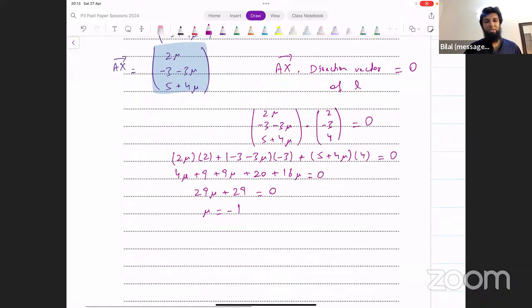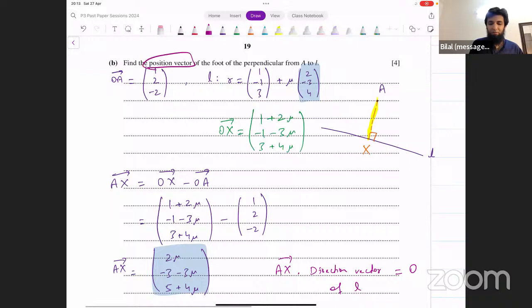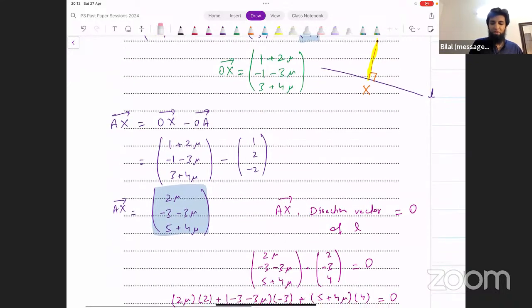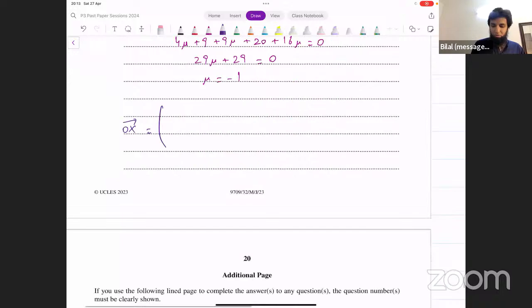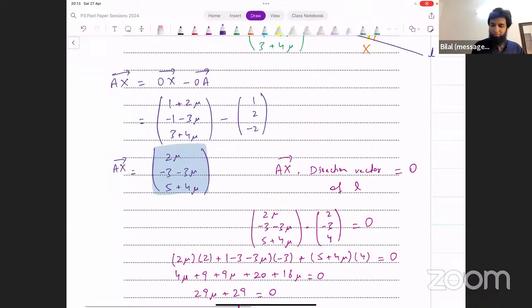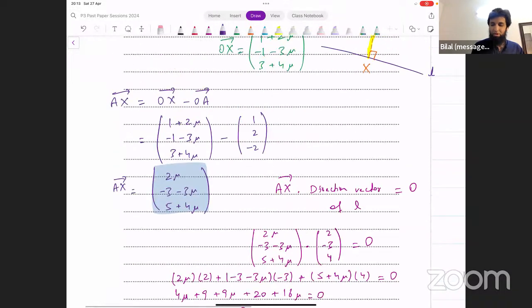Since the value of mu is negative 1, now what we can do is, since we were looking for the position vector of the foot of the perpendicular, we called the foot of the perpendicular X here. We have to find OX. Since the value of mu is negative 1, we can just input that value of mu in this vector now to find the vector OX. 1 plus 2 mu, minus 1 minus 3 mu and 3 plus 4 mu.